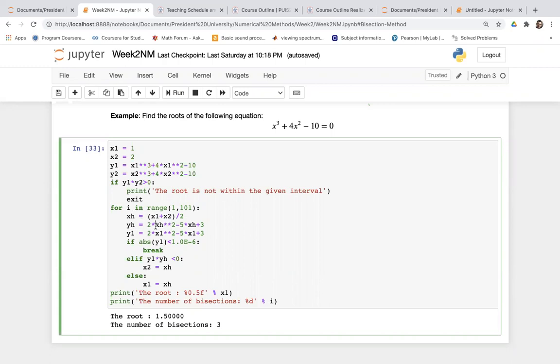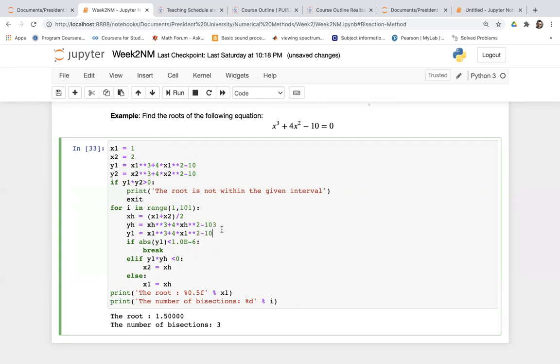So I put xh star star 3 plus 4 star xh star star 2 minus 10. And then y1 is the same: x1 power 3 plus 4 times x1 star star 2 minus 10.